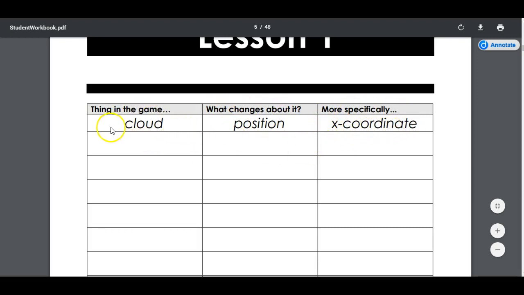So here the first one's done for you, right? It says the thing in the game is cloud. What's changing about it is its position, and more specifically, the x-coordinate is changing. So in other words, when the cloud went across the screen, it wasn't going up and down, it was moving left or right, which means that its x-coordinate is changing.